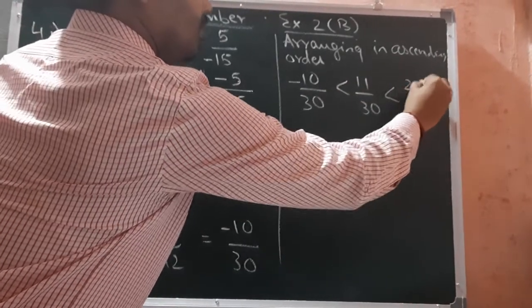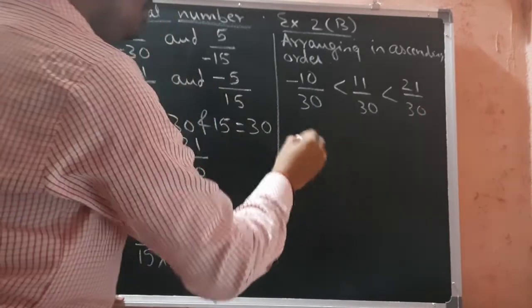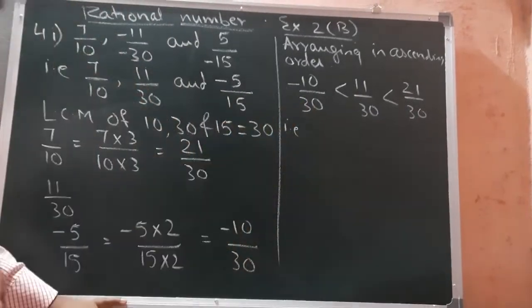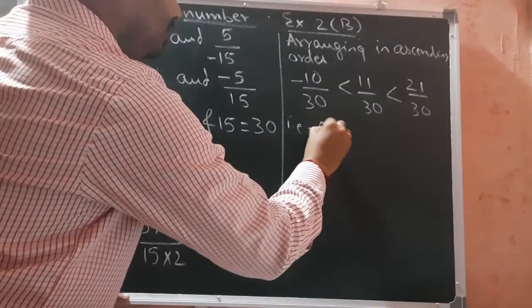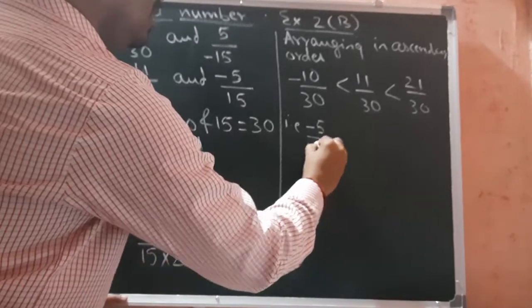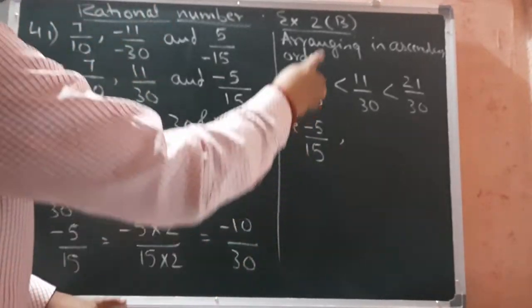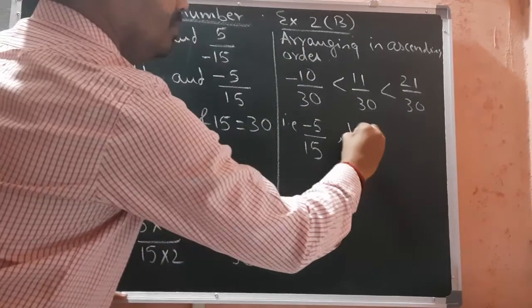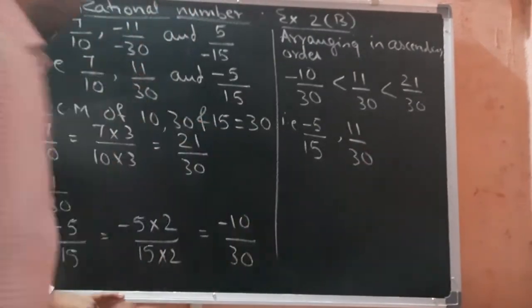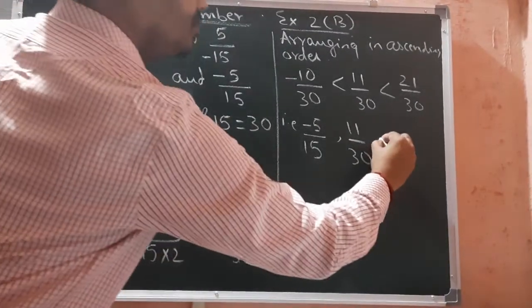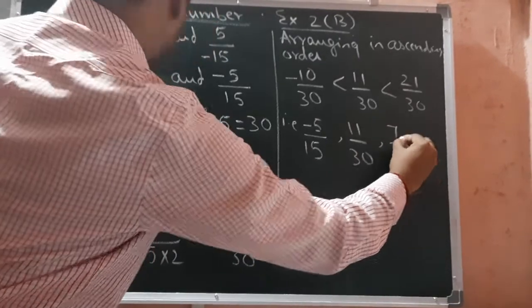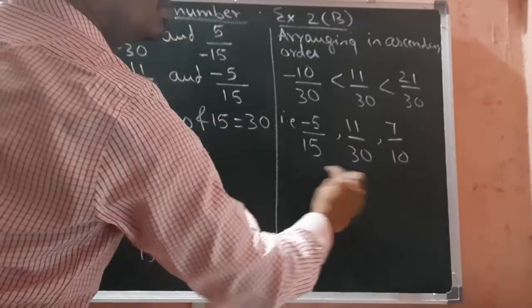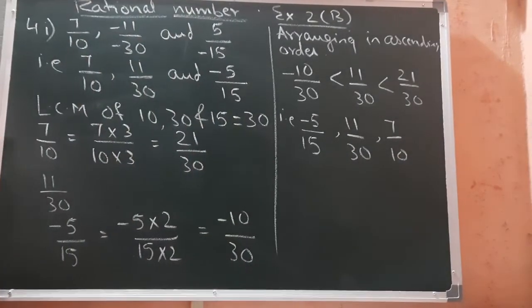Then we have 21 by 30. That is, minus 5 by 15, then 11 by 30, then 7 by 10. So these numbers are arranged in ascending order.